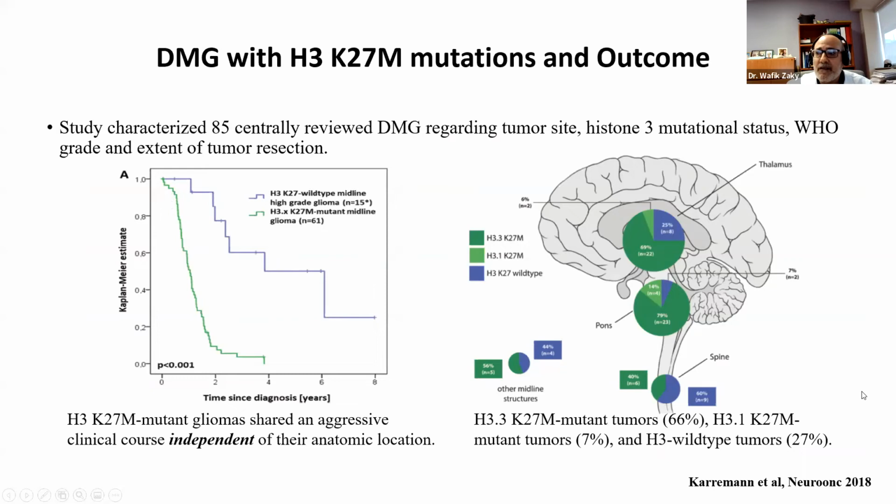And there are different histone mutations. The most common is histone 3.3, which can happen in 66% in this group, while the incidence of the other, histone 3.1, is 7%, and 1/3 is wild type.